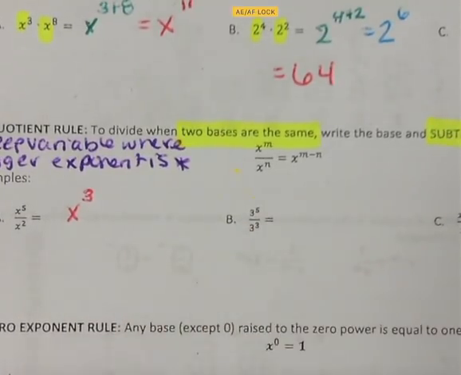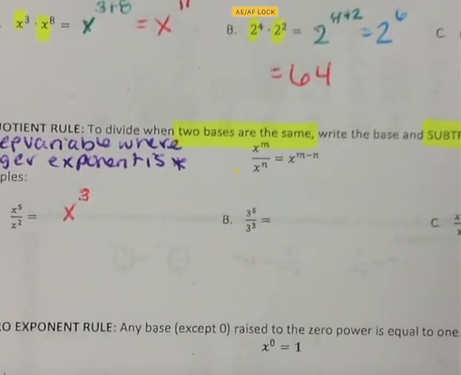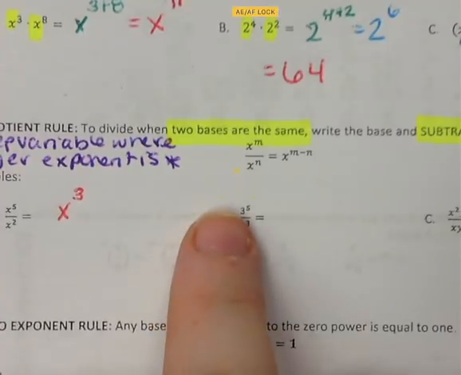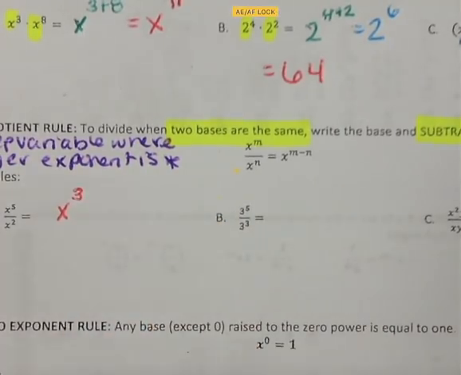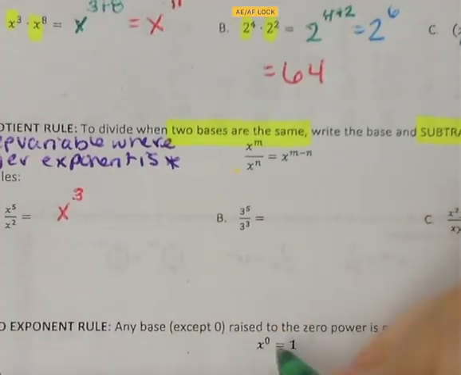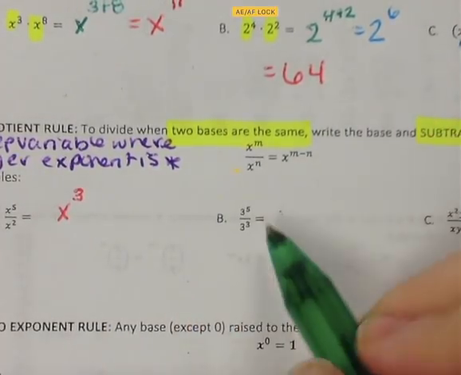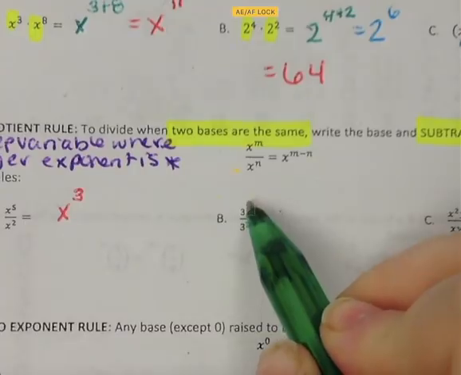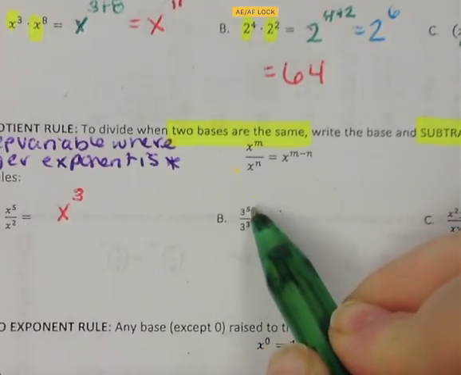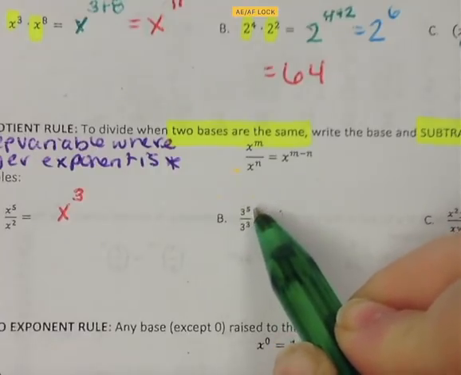On this second example, we have 3 to the fifth divided by 3 cubed. Again, the bases are the same, it's 3 and 3, so that means we can keep our base, so it becomes 3 raised to something. Again, in 3 to the fifth, the 5 is the bigger exponent, so our answer is going to be on the top of a fraction.